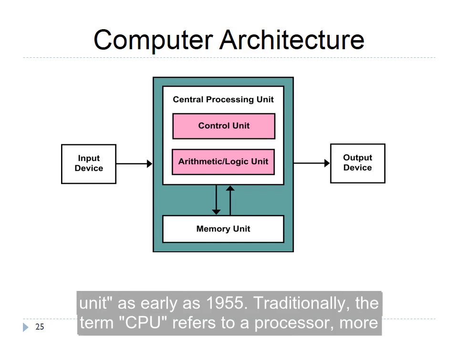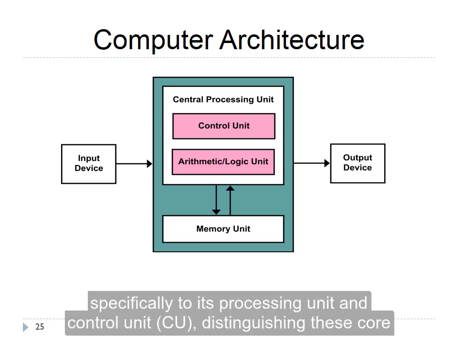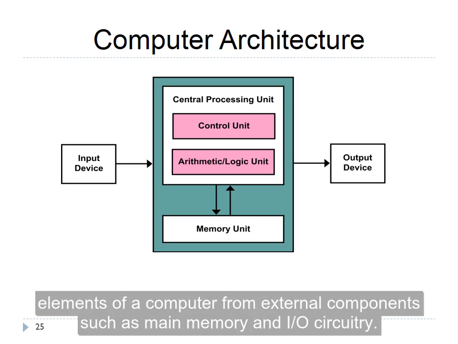Traditionally, the term CPU refers to a processor, more specifically to its processing unit and control unit, distinguishing these core elements of a computer from external components such as main memory and input-output circuitry.